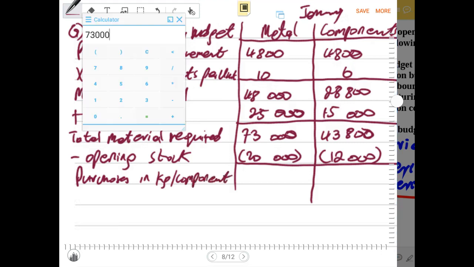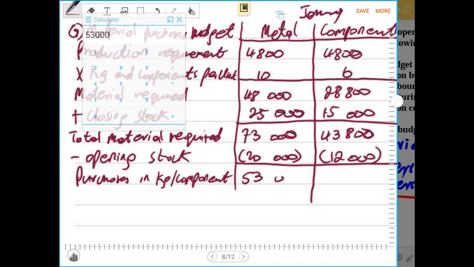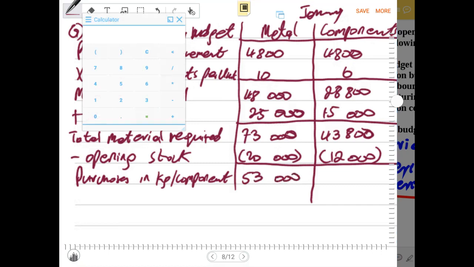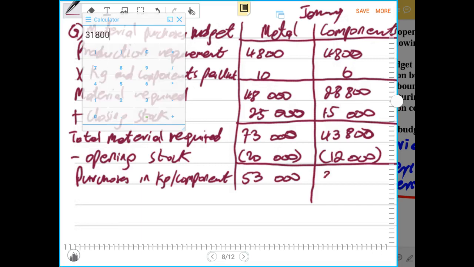Then for the kgs, it will be 73,000 less 20,000. That will give us 53,000. And this would have been 43,800 minus 12,000, which would have been 31,800. Then we multiply this by cost per unit, and our cost per unit is 8 rand here and it is 4 rand here.